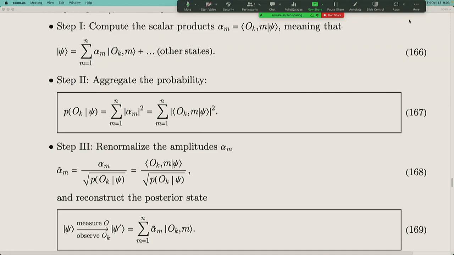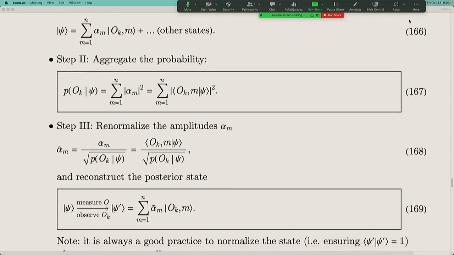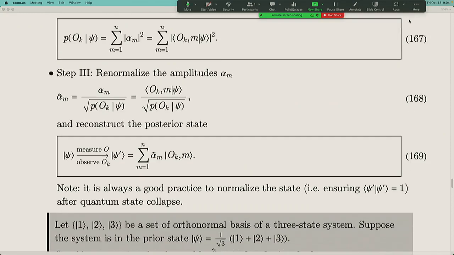It doesn't change the ratio between the coefficients, but only rescales them by an overall normalization factor. Essentially, you are projecting the original state psi into a new state psi prime, which is the projection of the previous one into the subspace spanned by these degenerate eigenvectors. That's what we talked about last time.